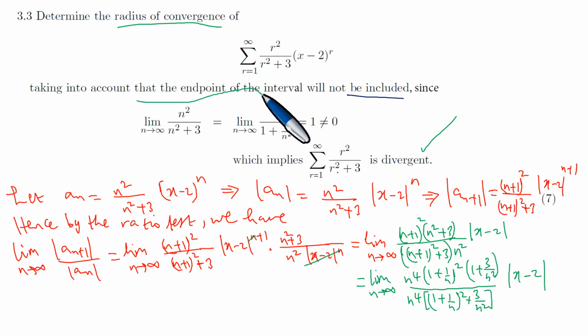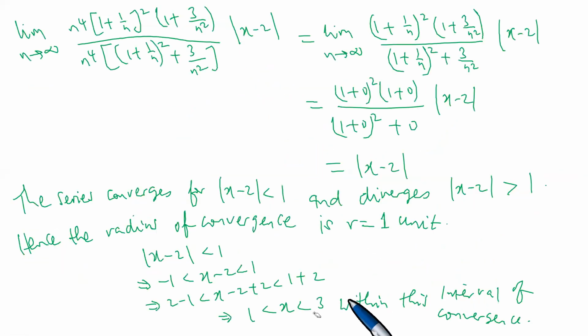We would include the endpoints, but they've already told us, so we don't need to investigate that part. So yeah, we're done with this question. But very interesting that the interval of convergence will be 1 to 3. The endpoints we don't need to investigate, but the radius of convergence is exactly 1 unit.